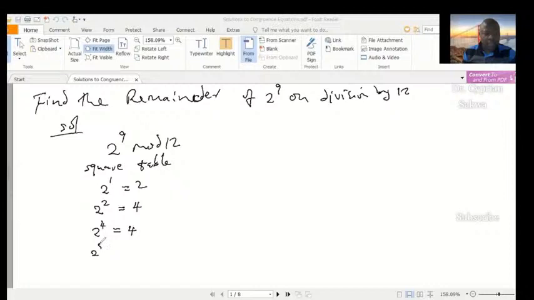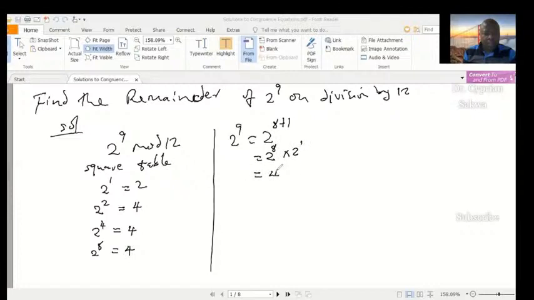It will be 4 times 4, which is 4. I want 2 raised to 9, so I'm there. That means 2 raised to 9 is just 2 raised to 8 plus 1, which is 2 raised to 8 times 2 raised to 1. But if 2 raised to 8 is 4 and 2 raised to 1 is 2, this is 6.